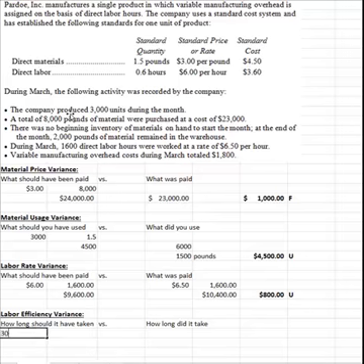So 0.6 times 3,000. It should have taken us 1,800 hours. How long did it take us? 1,600 hours. So that's 200 hours less than standard, so that's very cool.